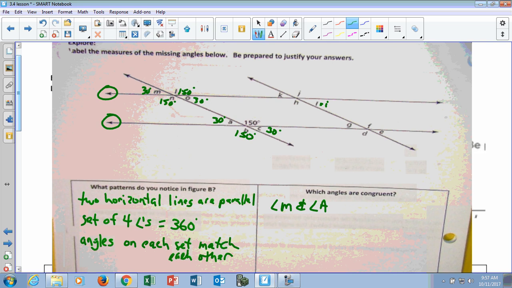B and F. B and F? Yeah, because if you look over here, this is the same setup, because these diagonals are parallel. You have two sets of parallel lines crossing each other here, don't you? This line and this line are parallel, and this line and this line are parallel. So we have lots, right? So B and F are the same.